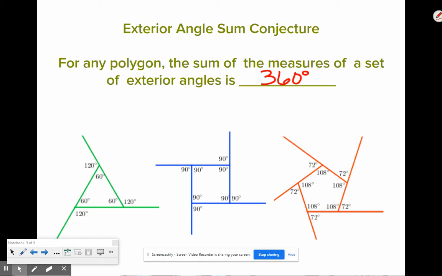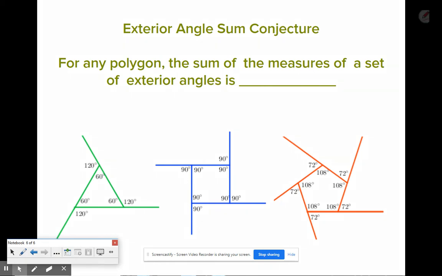Doesn't matter if I'm talking about a triangle, a square, hexagon, dodecagon, a 100-sided shape. All of the exterior angles in that shape add up to 360 degrees.